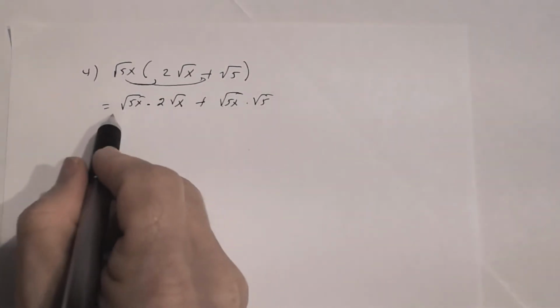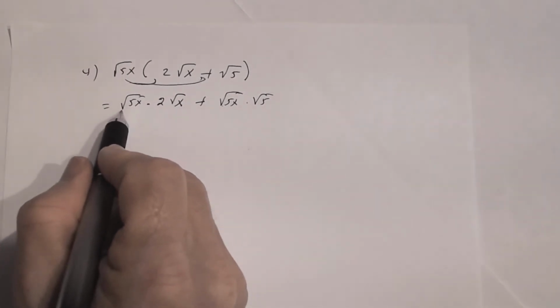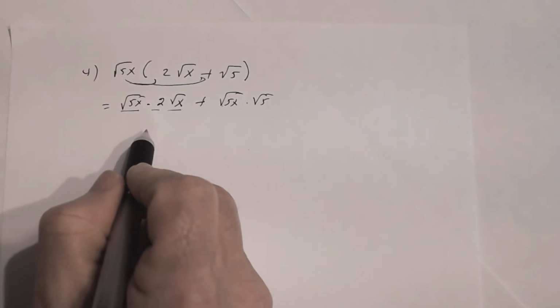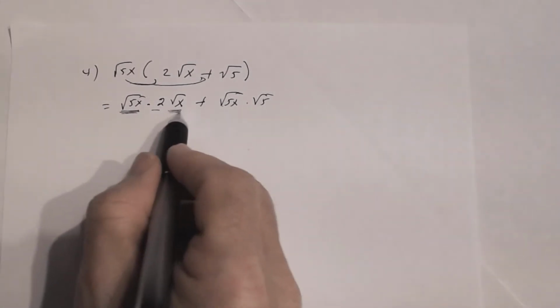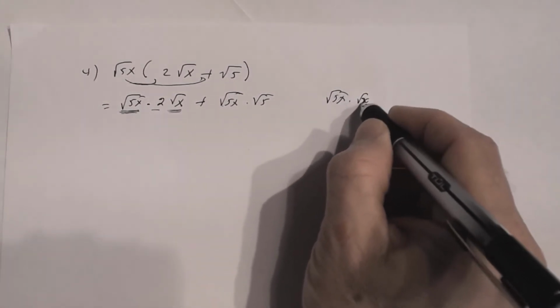All right, now let's use the product rule with this part. So you see I have 3 factors here, the square root of 5x, 2, and the square root of x. All right, so the square root of 5x times the square root of x, think about that, right?